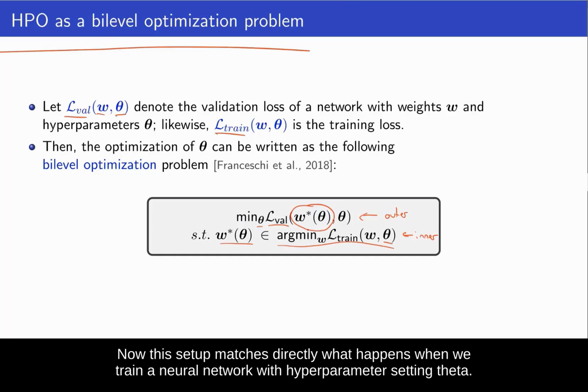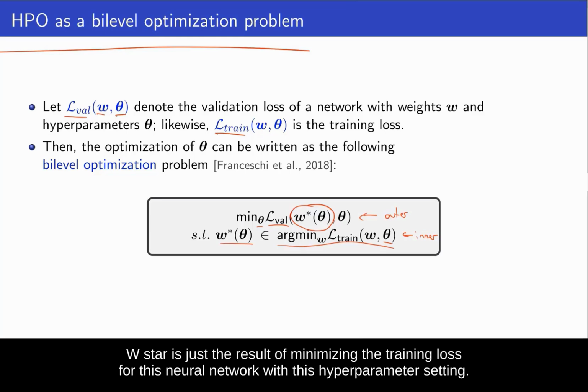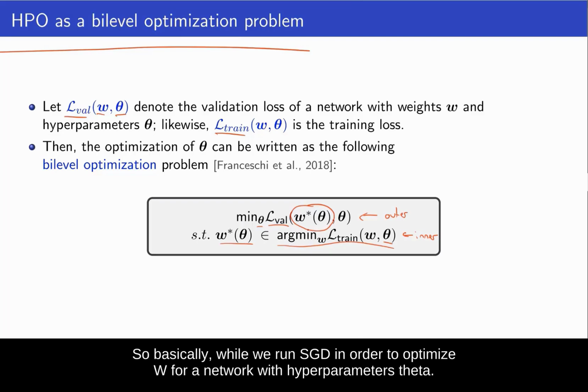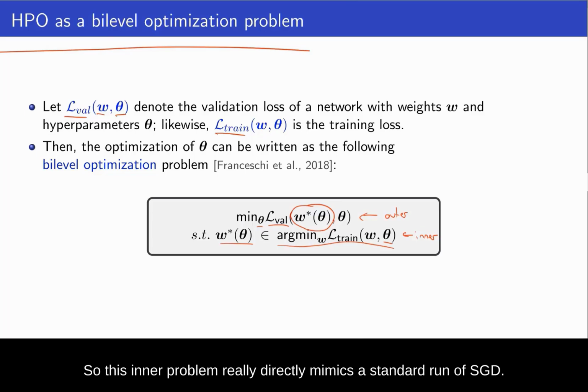Now this setup matches directly what happens when we train a neural network with hyperparameter setting theta. W star is just the result of minimizing the training loss for this neural network with this hyperparameter setting. So basically, when we run SGD in order to optimize W for a network with hyperparameters theta, this inner problem really directly mimics a standard run of SGD.